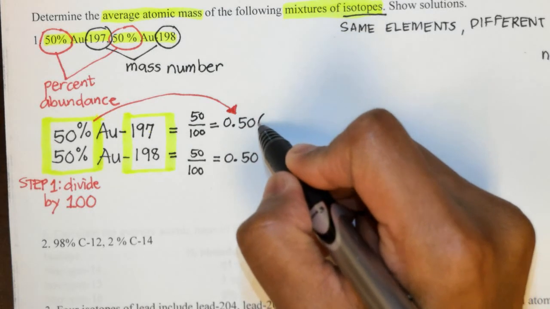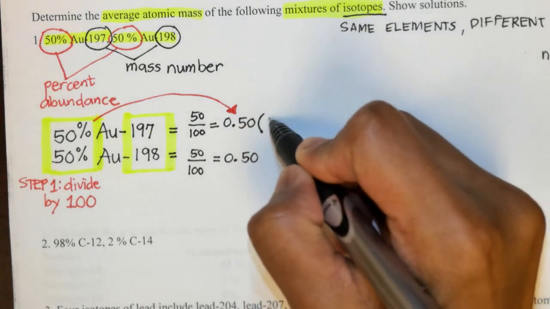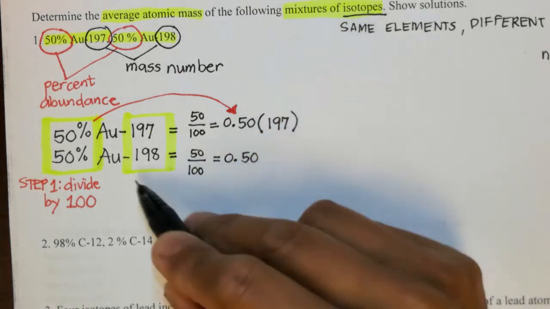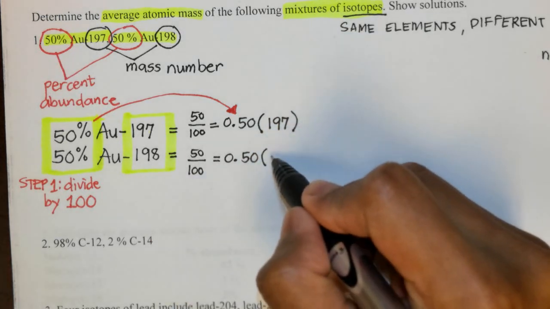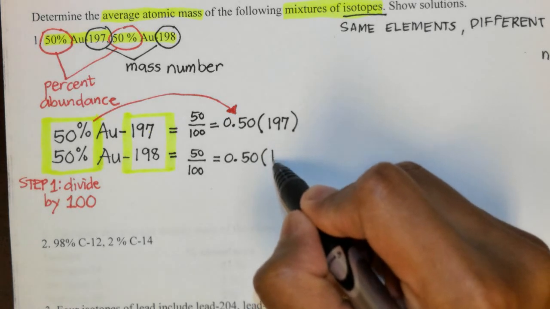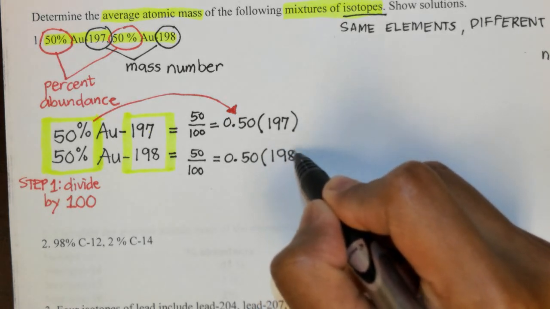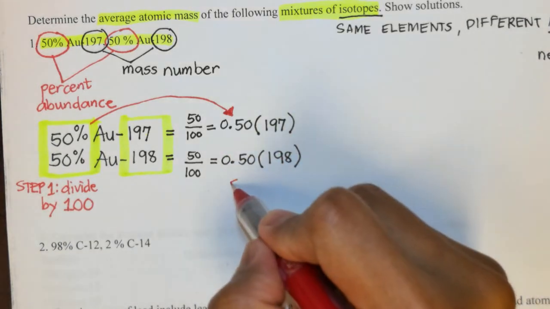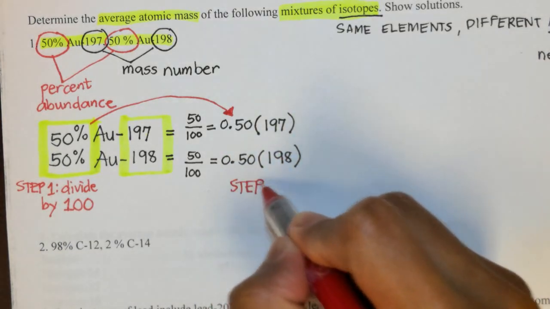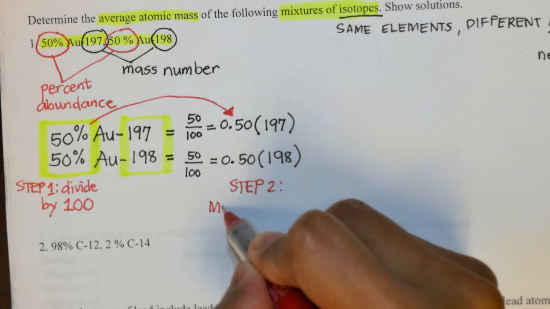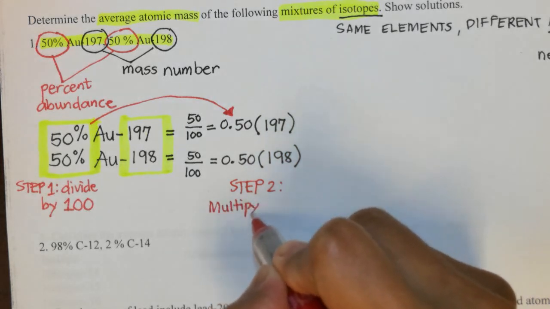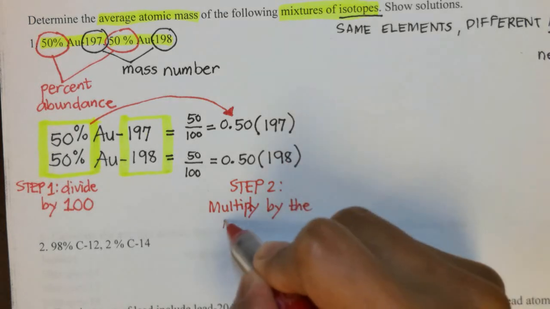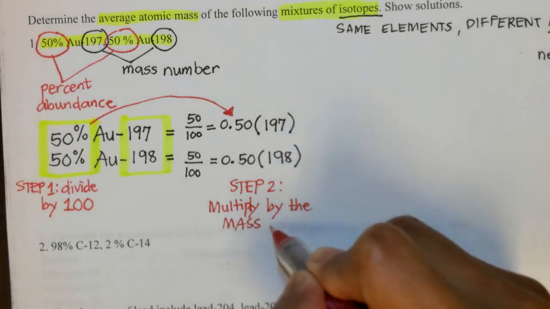So I'm going to put a parenthesis and put the 197 here. And then the 198 parenthesis, which means multiply, times 198. So I'm going to put that there. So this is my step 2. Multiply by the mass number.